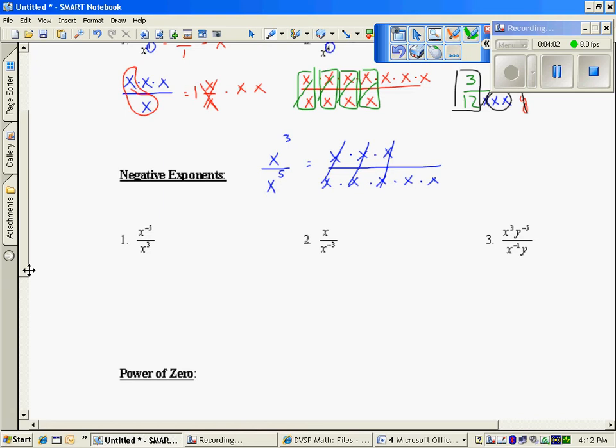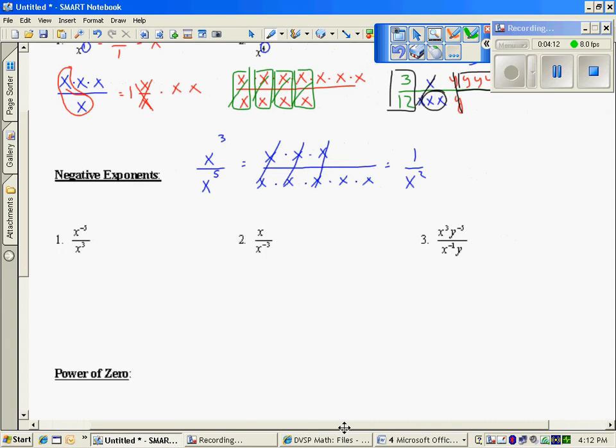So I have 1 remaining in the numerator and x squared in the denominator. If I was to go back and use the quotient property that we discovered above, if I had x to the exponent of 3 minus 5, well, 3 minus 5 is negative 2. This negative on the exponent positions it in the denominator. So what I like to say about negative exponents is that they change my location.